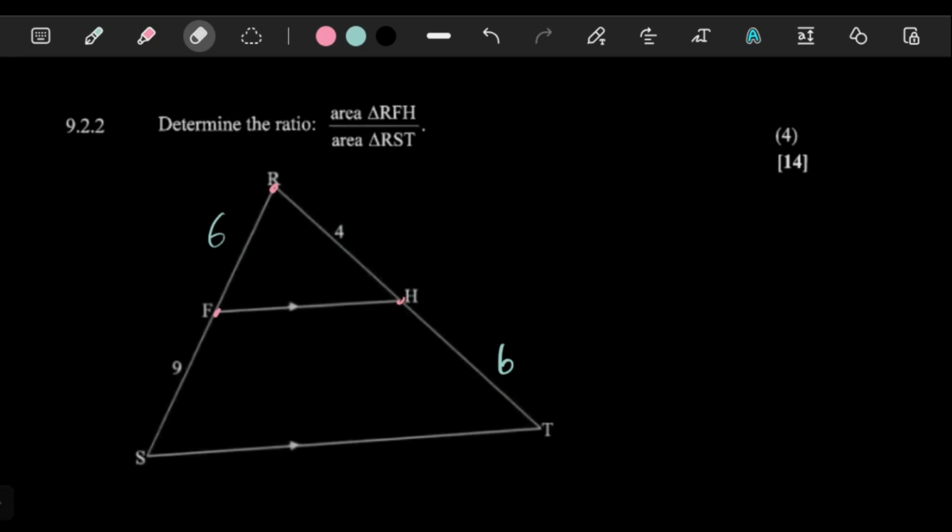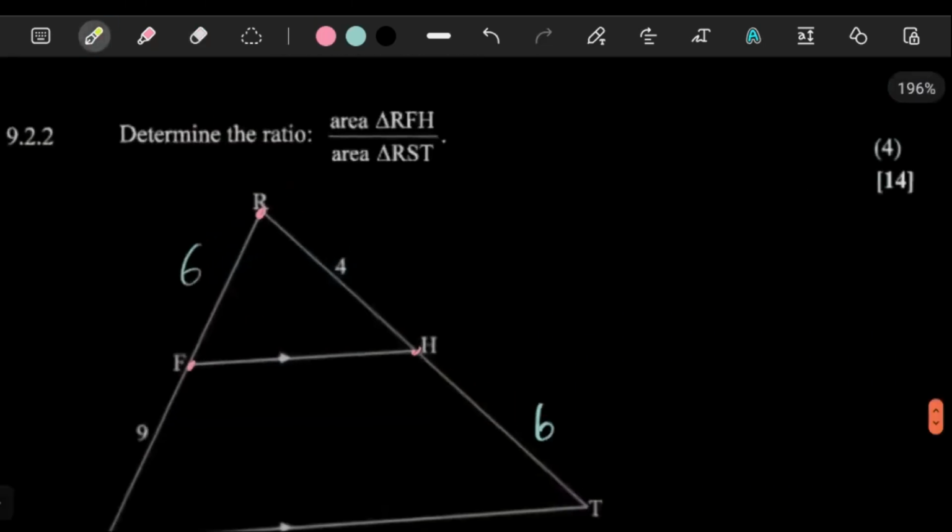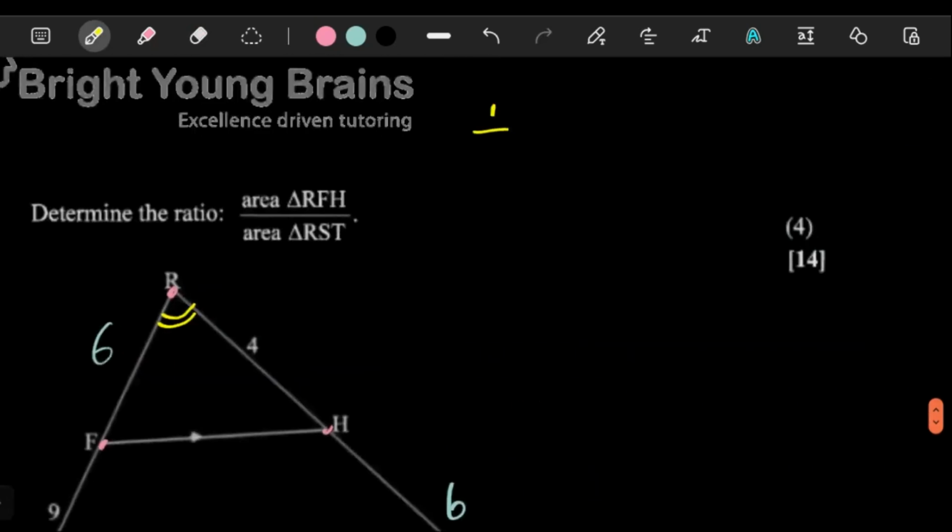I think it would be the formula of a half times RA times RH times sine. Yeah, definitely. So I think the formula we have to use is half a times b sine C, angle C.